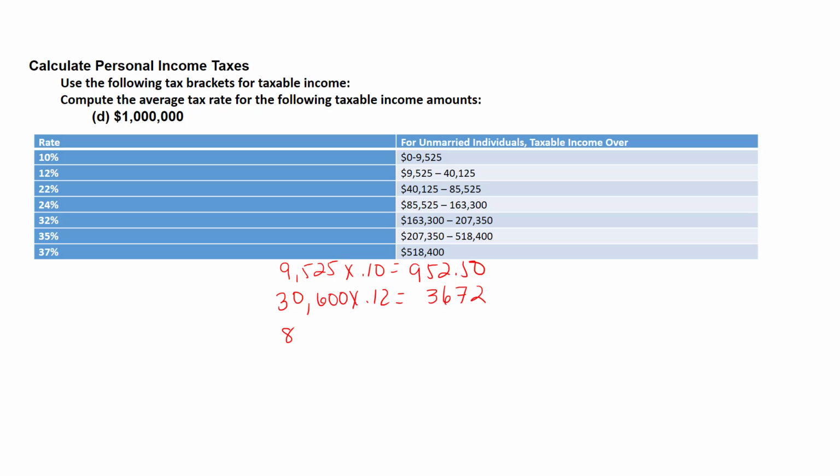We're going to use all of the money in the next bracket. So beyond this first bracket, we don't use the actual numbers in the bracket after the first 10% amount. All right, we use all of the money in the next bracket.